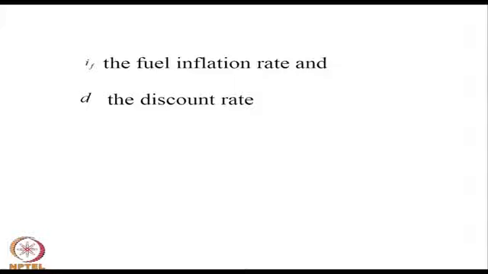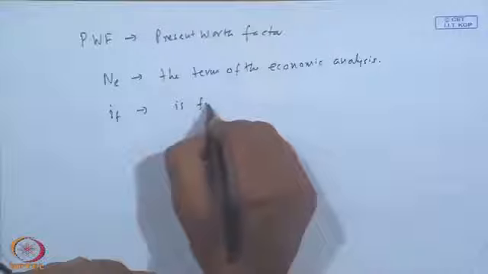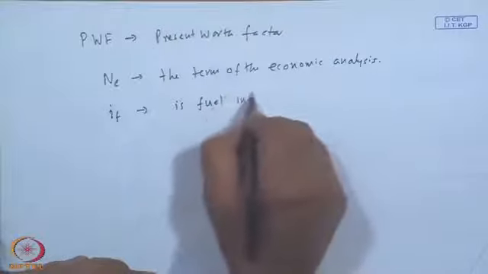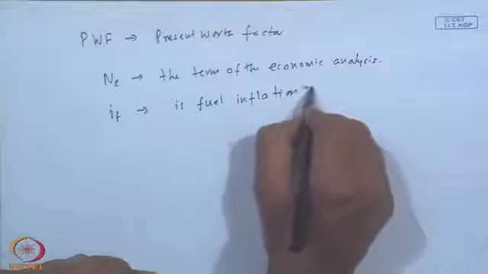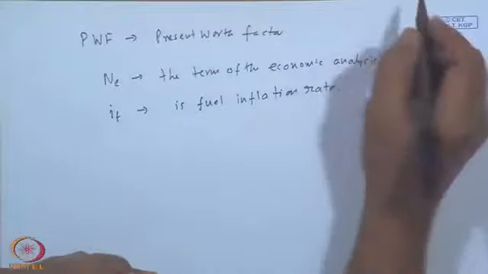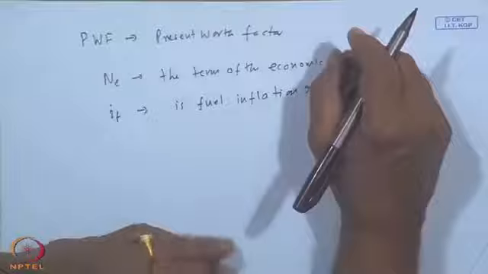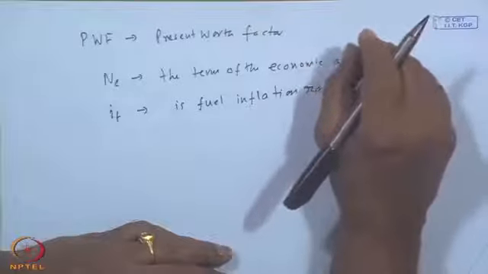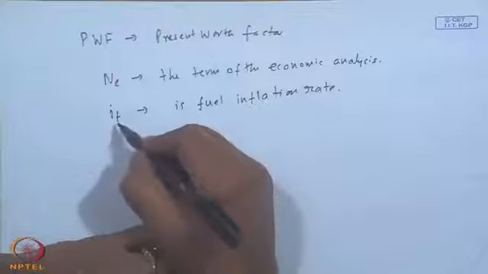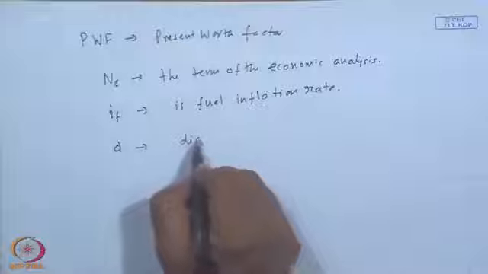IF is the fuel inflation rate. So, the fuel prices may be going up at the rate of 10%, 5% or whatever. So, you definitely compare the first year fuel savings to the total fuel savings, which will depend upon what is IF, and D is the discount rate.